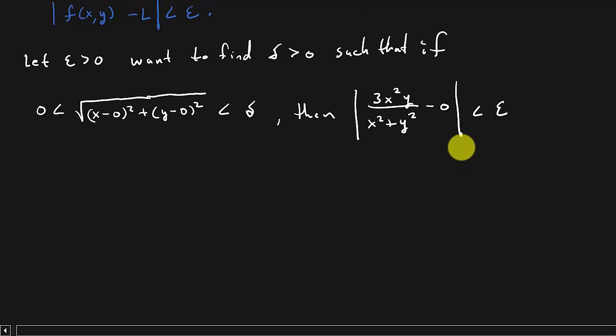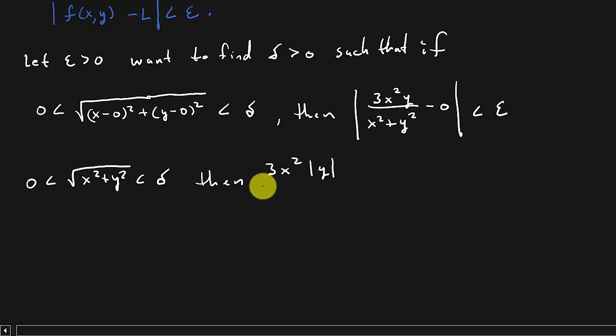So what does that give us? That gives us 0 less than the square root of x squared plus y squared is less than delta. Then I have 3x squared absolute value of y over x squared plus y squared is less than epsilon.